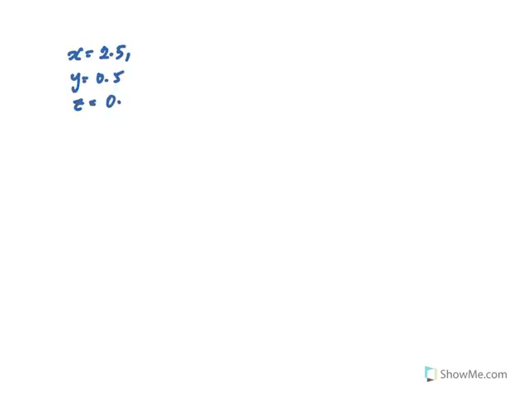So what are the coordinates of R? The coordinates of R are (2.5, 0.5, 0). This is the foot of the perpendicular from point Q to the plane P.